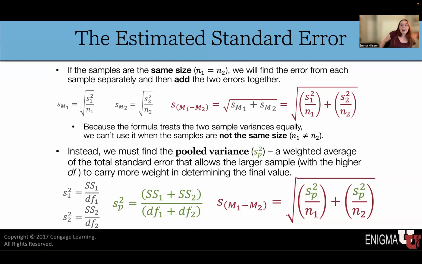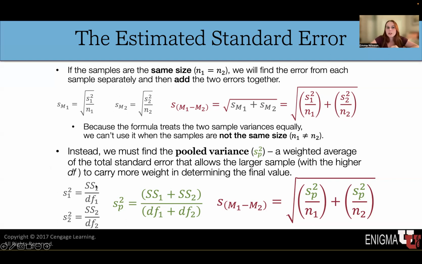But because of that, if our sample sizes are different, we can't just add the standard errors together. So instead, we need to use something called the pooled variance, which instead of being just a standard error is actually going to be a weighted average. It allows whichever sample is larger, or in other words, whichever sample has more degrees of freedom, to carry more weight in the final value.